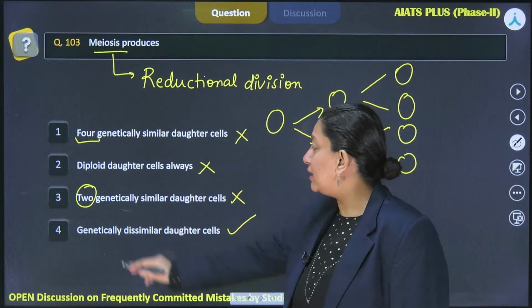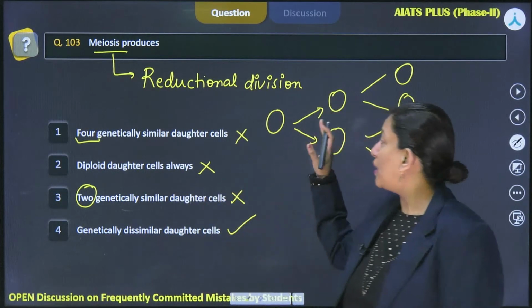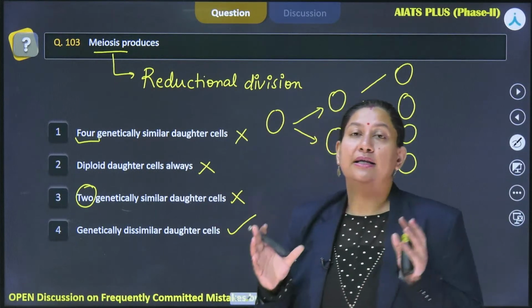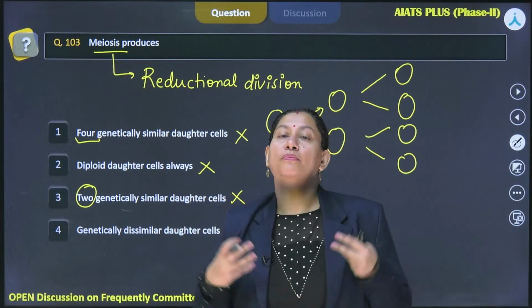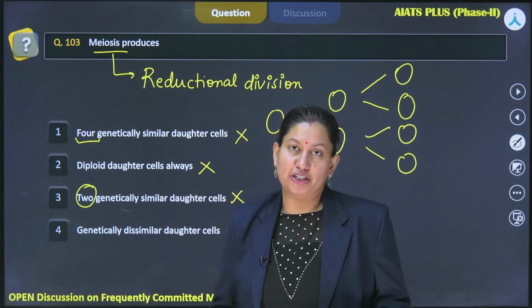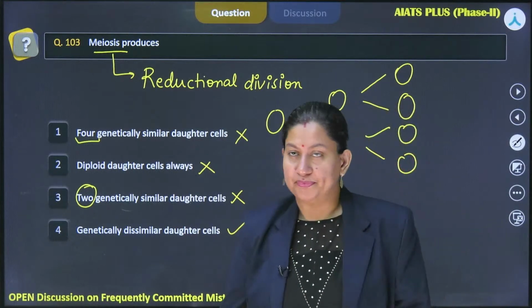So that's correct, there will be production of genetically dissimilar daughter cells, because in meiosis 1 they have already gone through recombination, where there will be a genetic exchange of segments between the non-sister chromatids of homologous chromosomes, yielding new genetic combinations, and that's really important for the evolutionary processes as well, right?